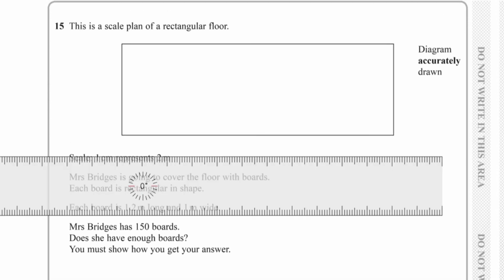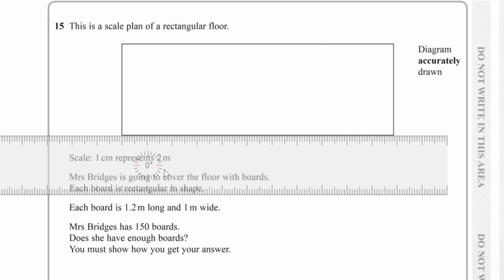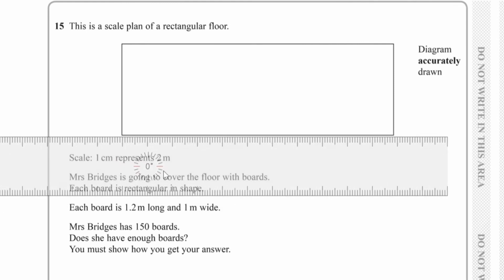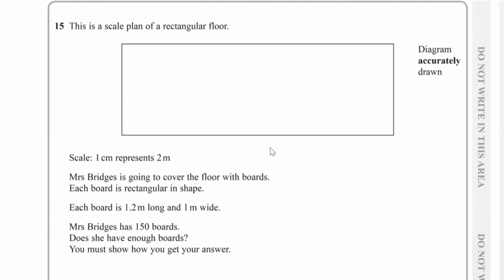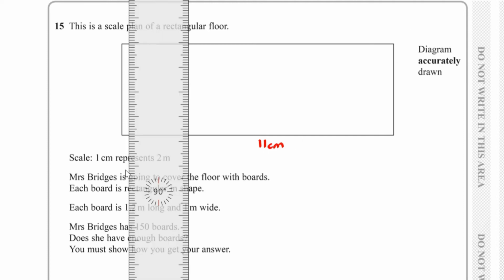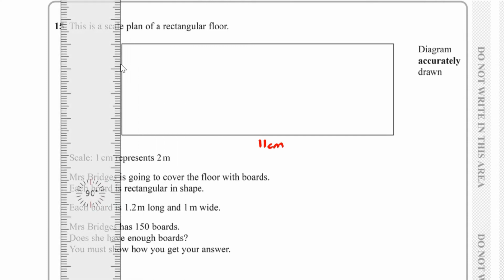So what we need to do first of all is measure this. What we've got is 1, 2, 3, 4, 5, 6, 7, 8, 9, 10, 11. We'll call it 11 centimeters. So here we've got 11 centimeters, and here we've got 1, 2, 3 and a half.